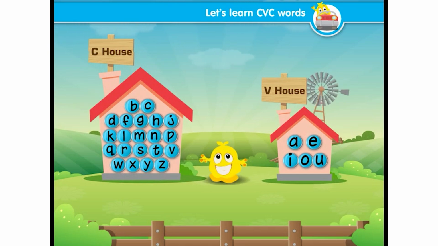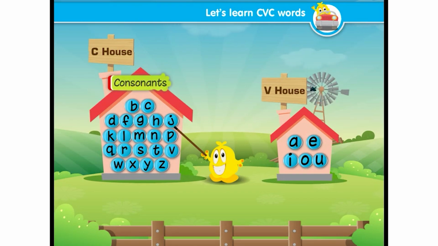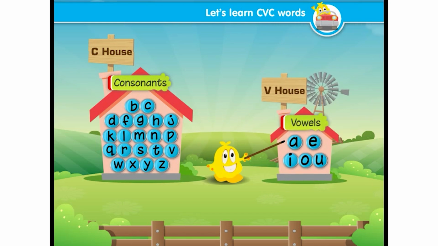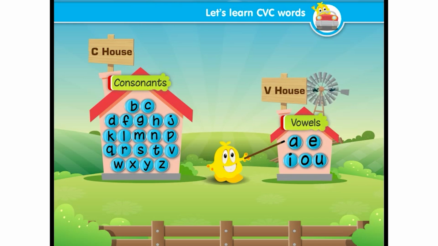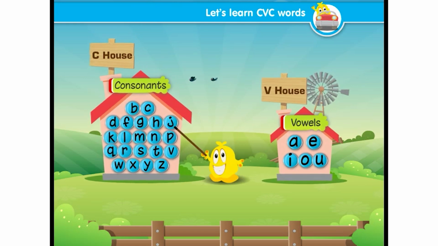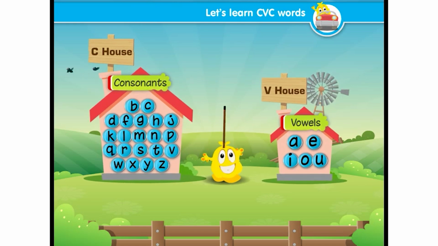Alphabets living in the C house are called consonants, and alphabets living in the V house are called vowels. Though vowels live in the small house, they are stronger than consonants. They decide the sound pattern for a word.